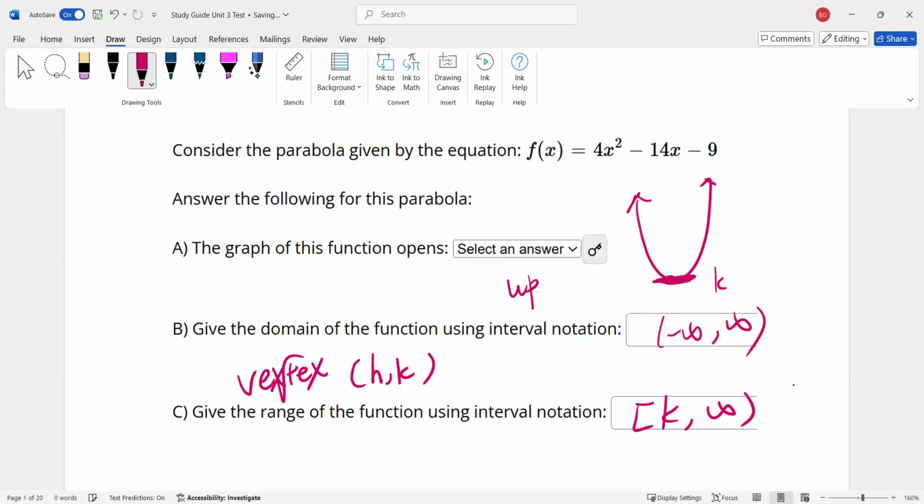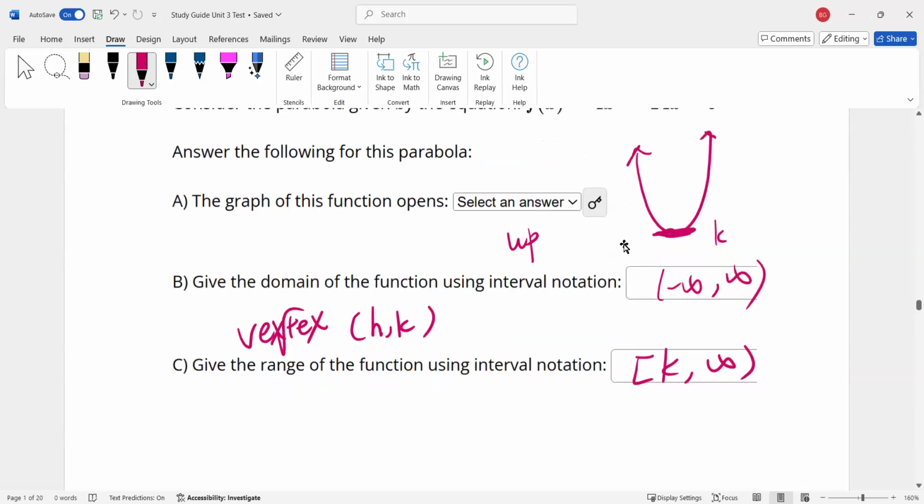So the minimum value of the function is k. The range is from k to infinity. So we need to find out what k is. We have a similar question. You can complete the square, write the function in vertex form, and identify k.